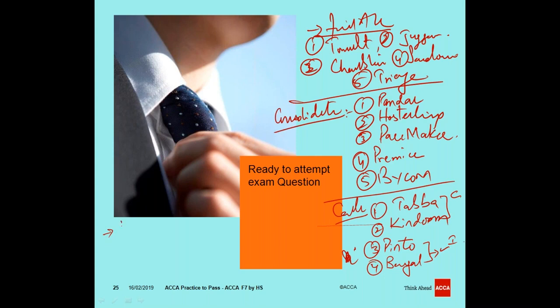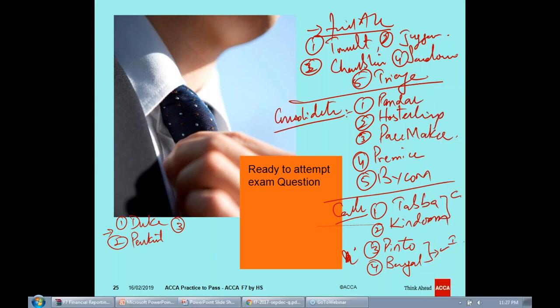The first one is Duke Company that we have discussed here. Second is Pankit Company that is mentioned in the last two papers.